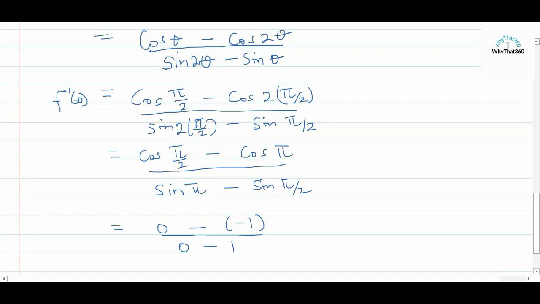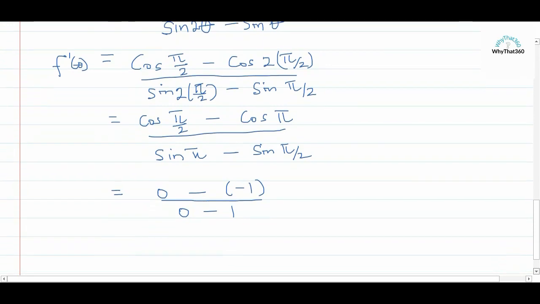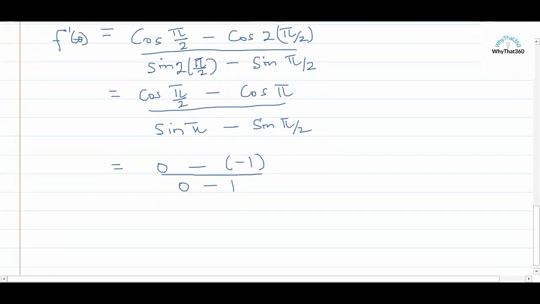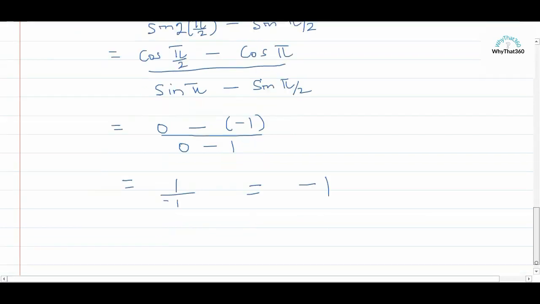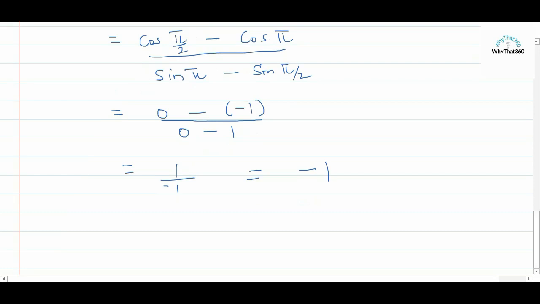And this will be equal to -1, because 0 minus -1 will be +1 divided by -1. And the final answer here becomes -1. So this tells us that the slope of the polar curve that was given as r is equal to 1 minus cos theta is equal to -1.